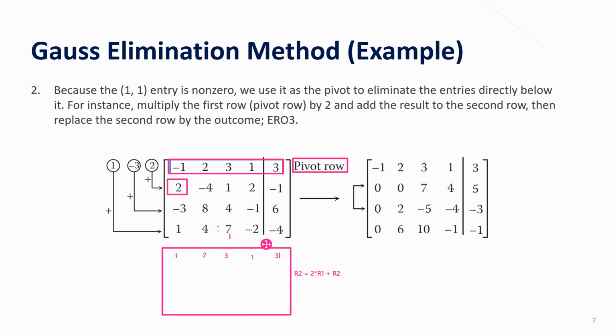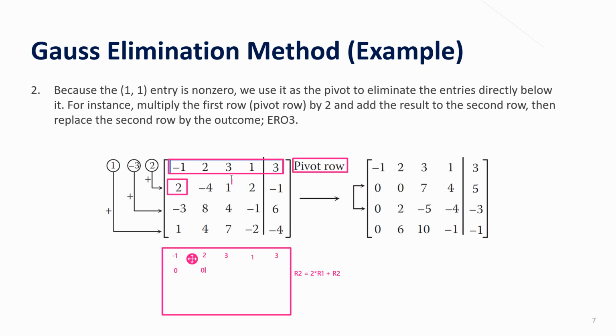And the second row will be the result of row 1, which is minus 1, multiplied by 2, which is minus 2, plus 2 here. We successfully get rid of the first entry in the second row. The original value 2 becomes 0. This is successful. Then 2 multiplied by 2 is 4, plus minus 4 equals 0.